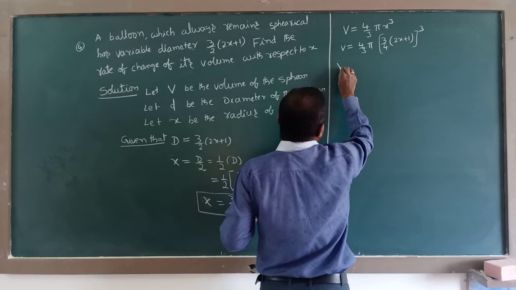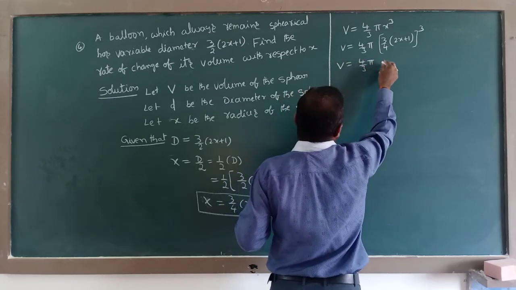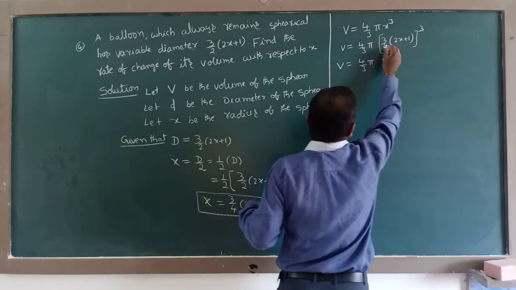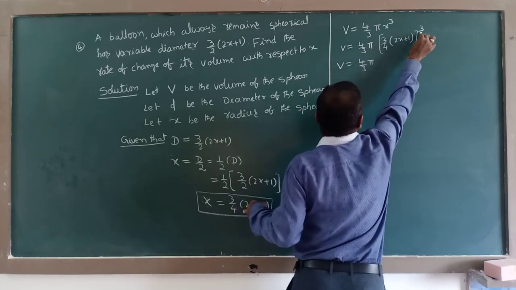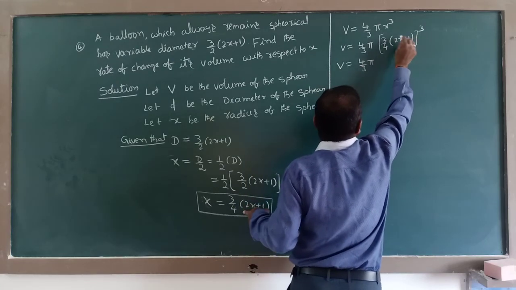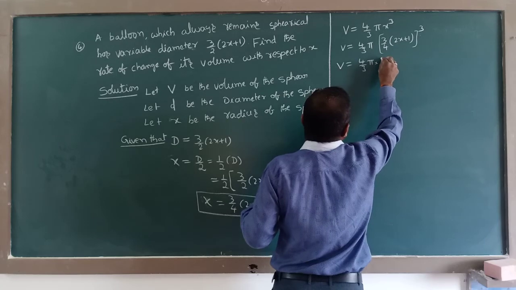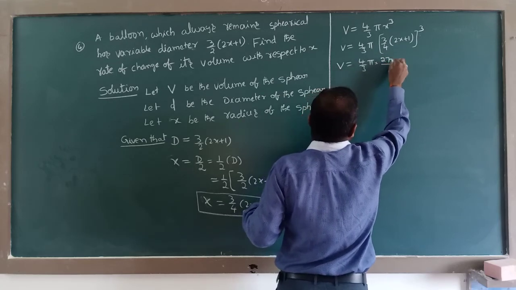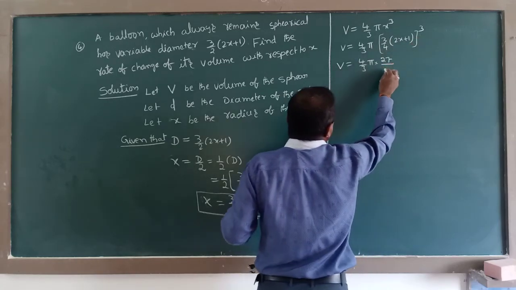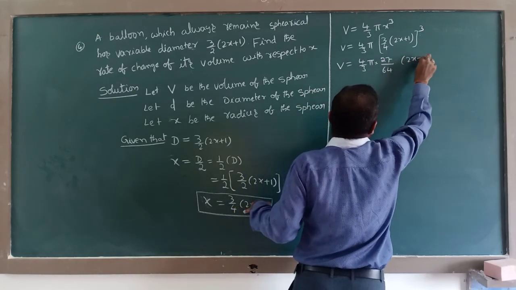That is, V is equal to 4 by 3 pi into (3 by 4) cube into (2x plus 1) cube. Just distribute this power to both 3 by 4 and 2x plus 1. 3 cube means 27, and 4 cube means 64, into (2x plus 1) whole cube.